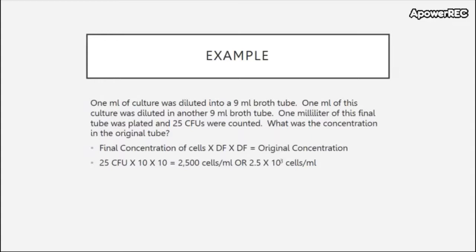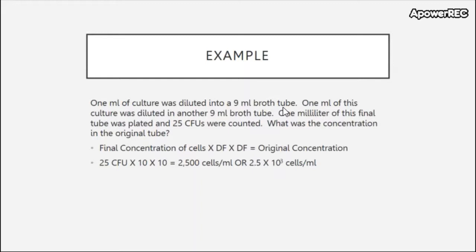Let's have a look at a word problem to kind of show how this plays out. So you grow a culture up, and from that culture you're going to do a couple serial dilutions in order to count the number of colony forming units you have. So from that original culture, you take 1 milliliter and you put it in a 9 milliliter broth tube. So what is the dilution factor with this first tube?